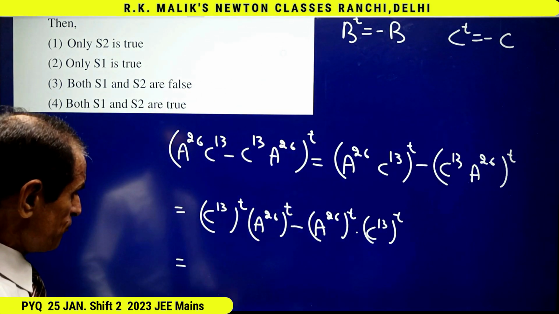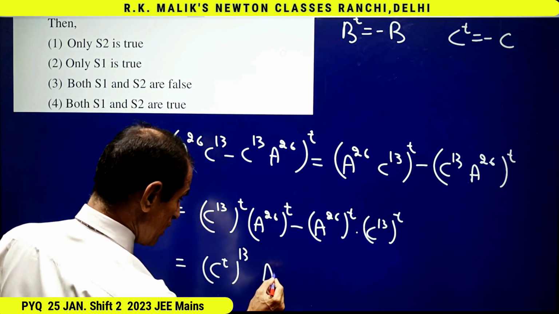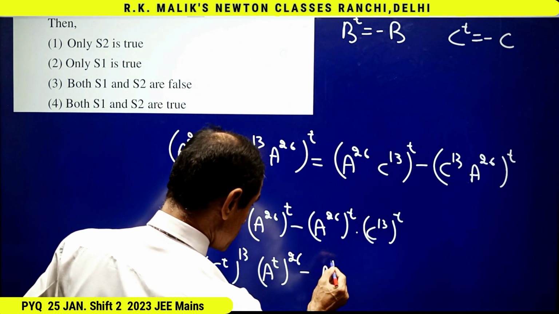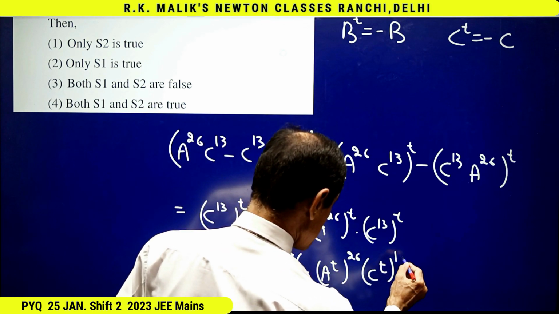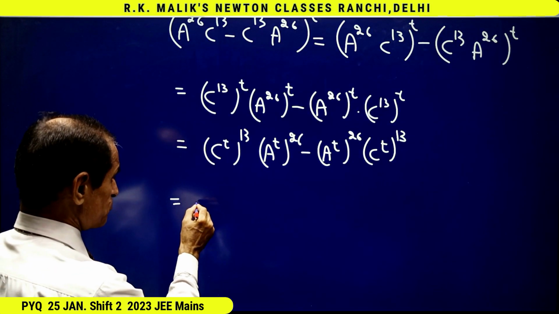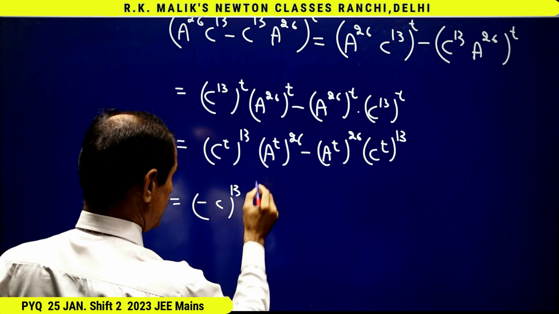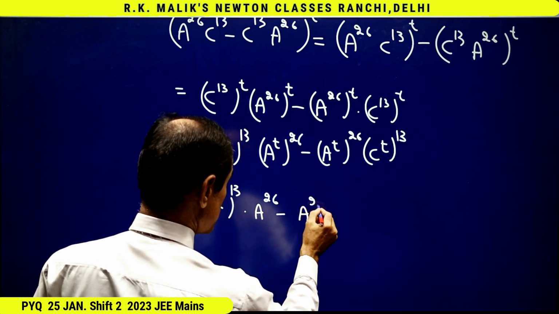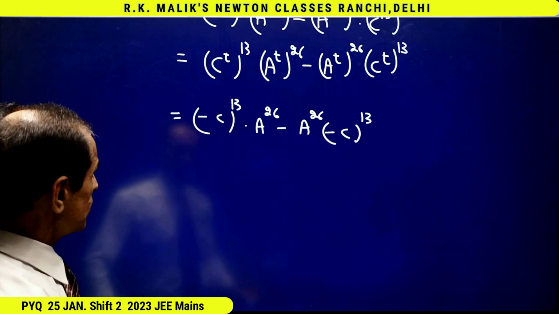This is equal to (C transpose) to the power 13, (A transpose) to the power 26, minus (A transpose) to the power 26, (C transpose) to the power 13. This is equal to, because C transpose is minus C and A transpose is A, minus C to the power 13.